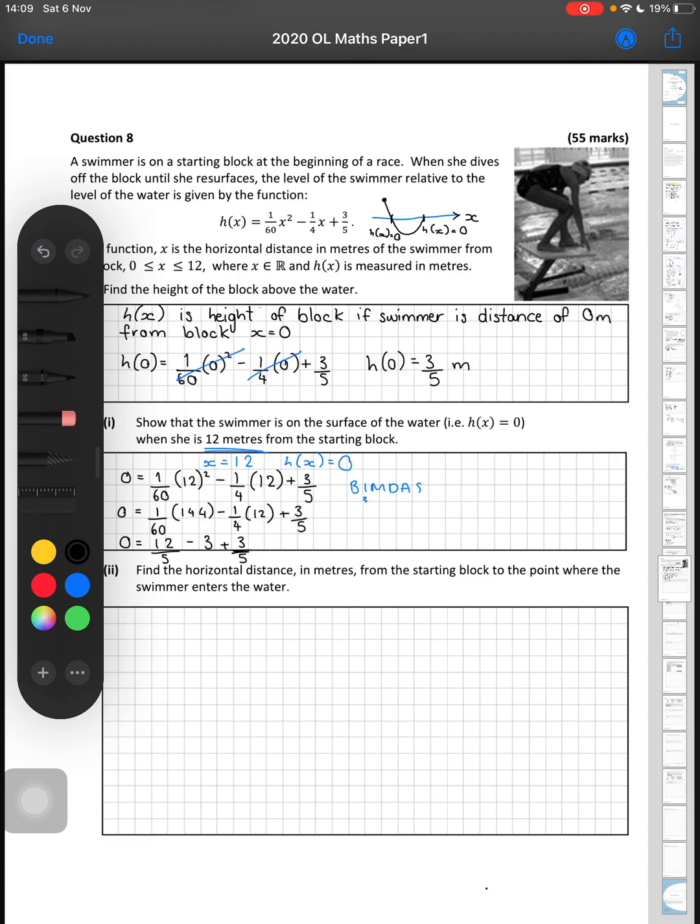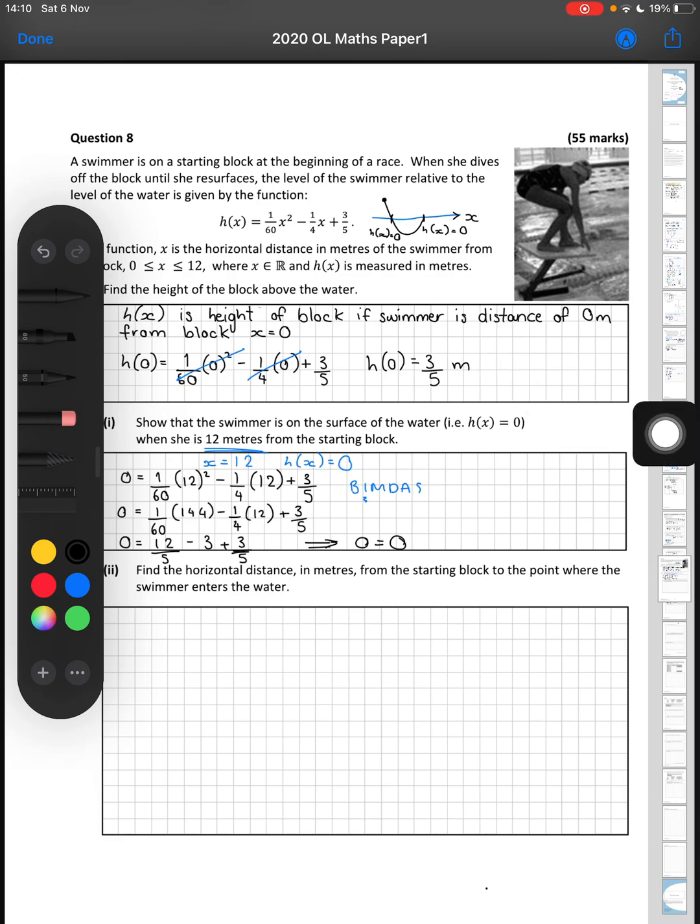When we do this out, we're going to have 12 over 5, so 0 equals 12 over 5 minus 3 plus 3 over 5. So that gives me that 0 is equal to 0.